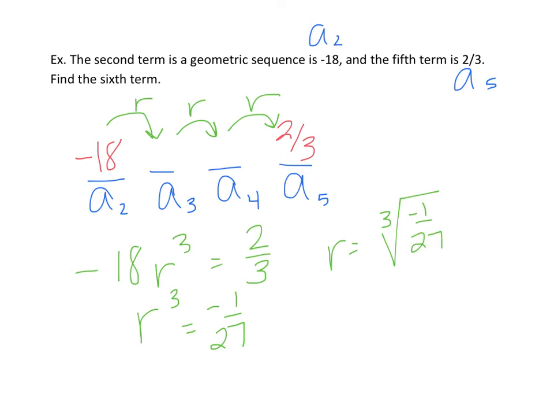You can take the cube root of a negative, it just stays negative. Negative 1, cube root of 27 is 3. So my r is negative 1/3. So now I can figure out my sixth term. Take 2/3, multiply by negative 1/3. It's giving me negative 2/9.